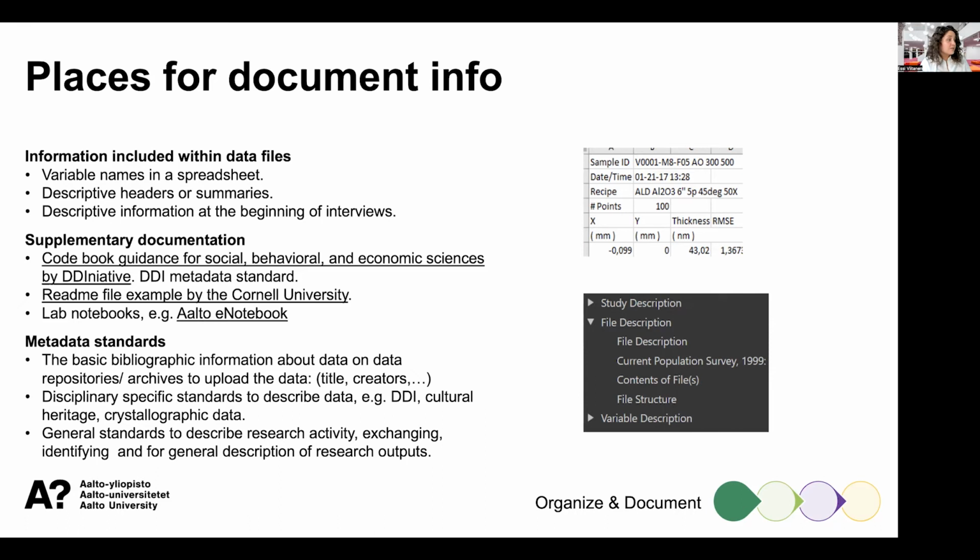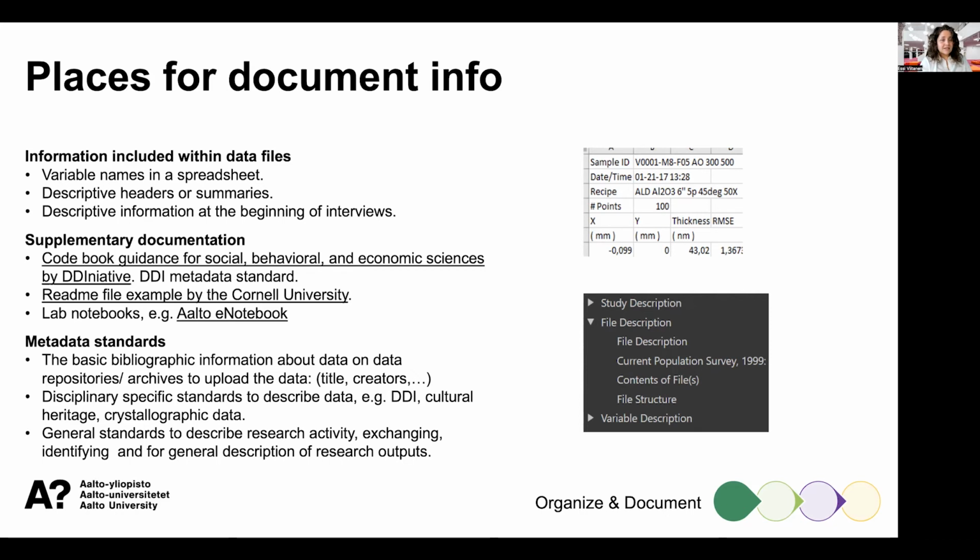But you might be working with cultural heritage or crystallographic data, for example, which have separate standards as well. So there are general standards used to describe research activity, exchanging, identifying, and just for general description of those research outputs. So look into the metadata standards of your field to ensure interoperability of your data, and just to make sure that your data includes all the necessary information and is in a format that is useful to others.